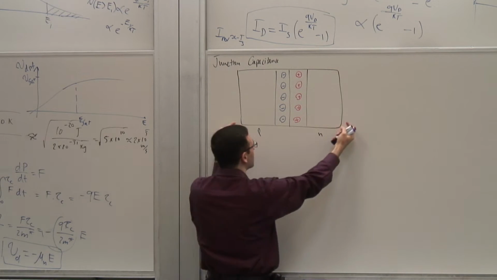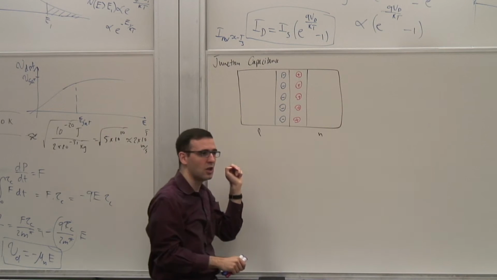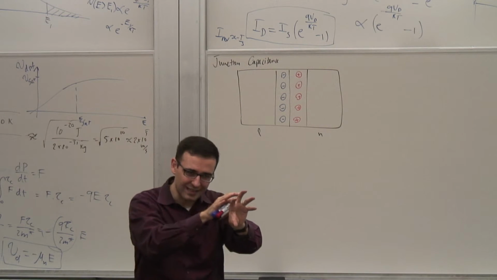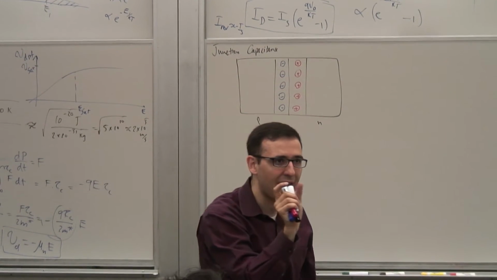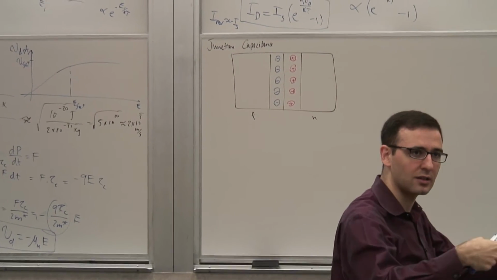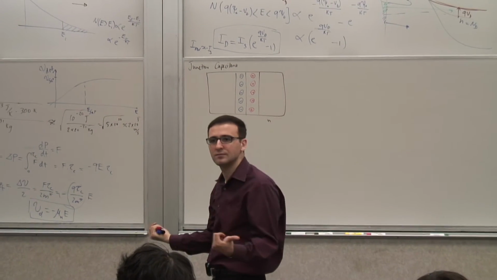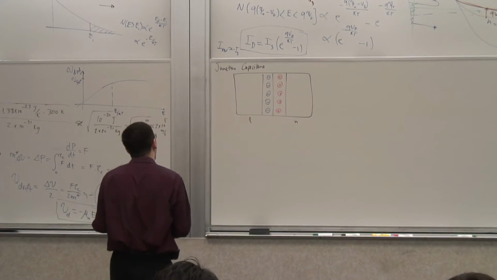To do that, I have to provide net charge in and out of it. So as a black box, if you don't look at it inside, for changes in electric voltage, it behaves like a capacitor because I have to provide net current into and out of it. And that's why we call it a capacitor.